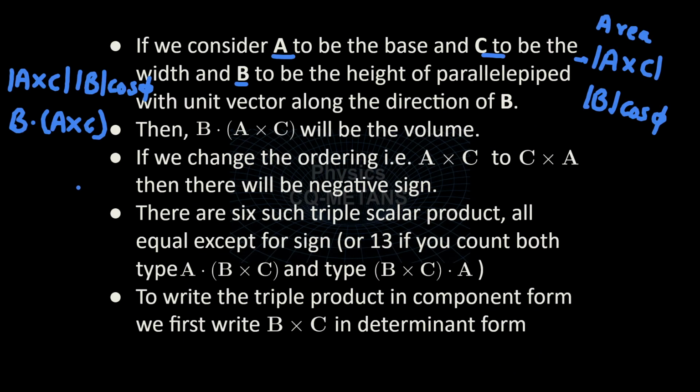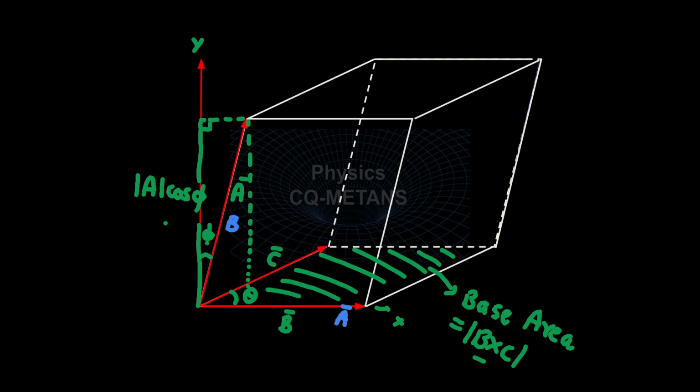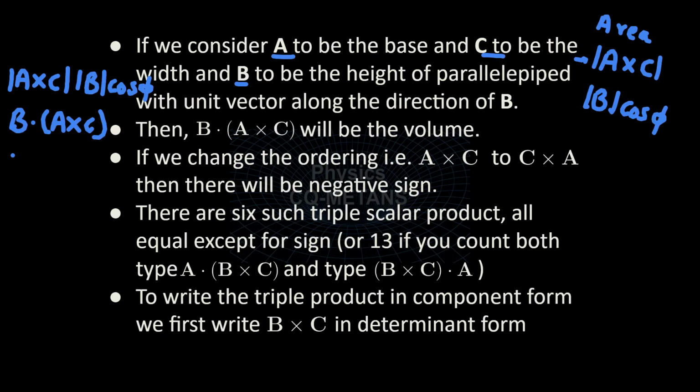So can I say that this equals what we have done, a dot b cross c, all these are vectors. Keep in mind.